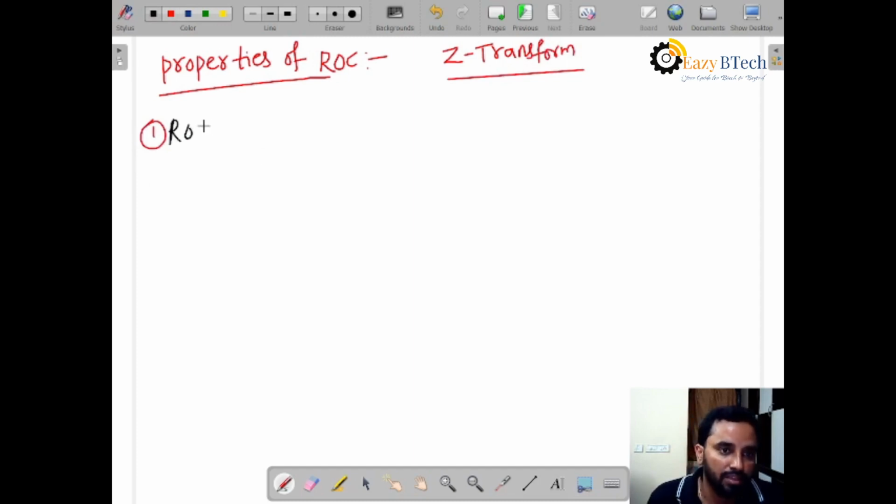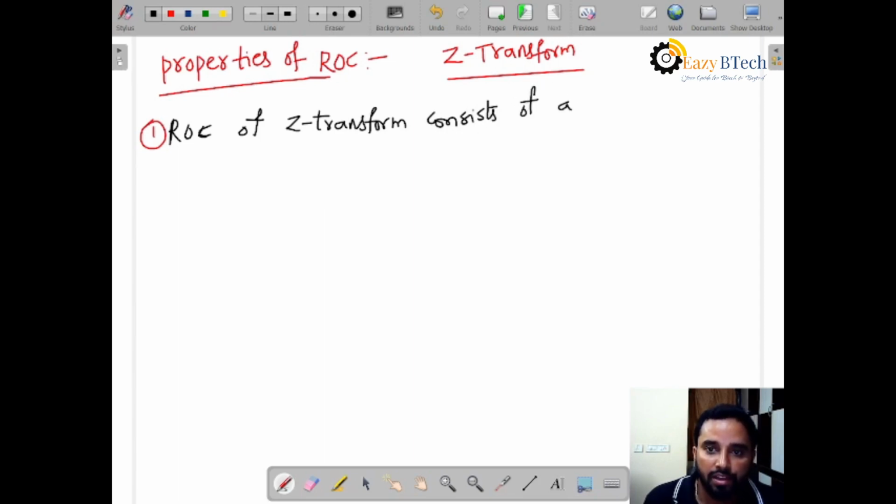The first property is: ROC of Z transform consists of a ring or circle in the Z plane. First point.